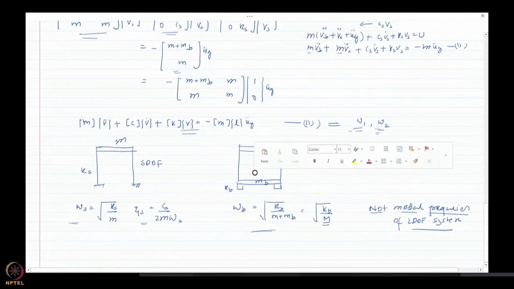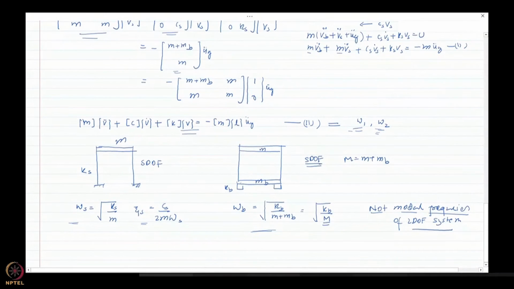Remember, this is the same system as above, but now considered as a single degree of freedom system. So in general, would the single degree of freedom frequency be the same as the multi degree of freedom system frequency? If you consider a frame as a single degree of freedom system, or as a multi degree of freedom system, would the corresponding frequencies be the same?